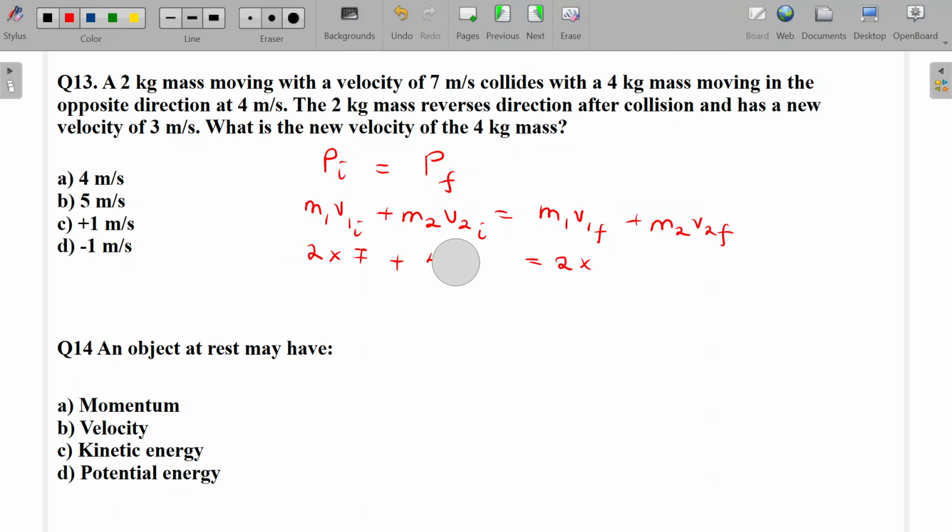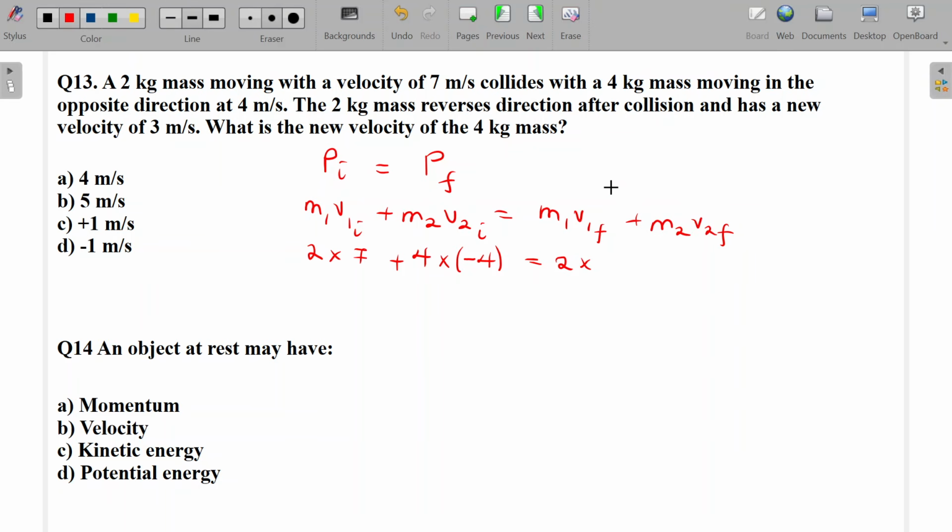But listen to this. When I'm multiplying the 4 kg, they are saying that this 4 kg mass was moving in the opposite direction. So direction is very, very important when it comes to momentum. Here I'll add negative 4. Then v1 final is going to be 3.